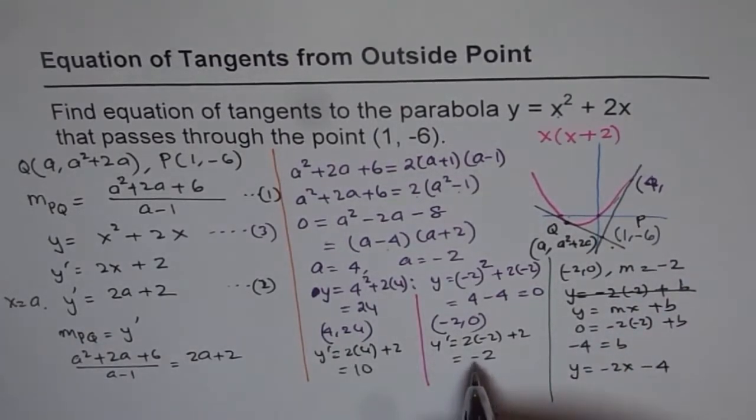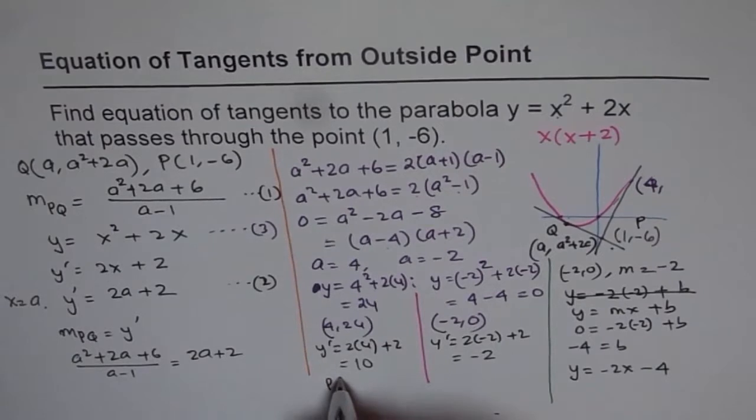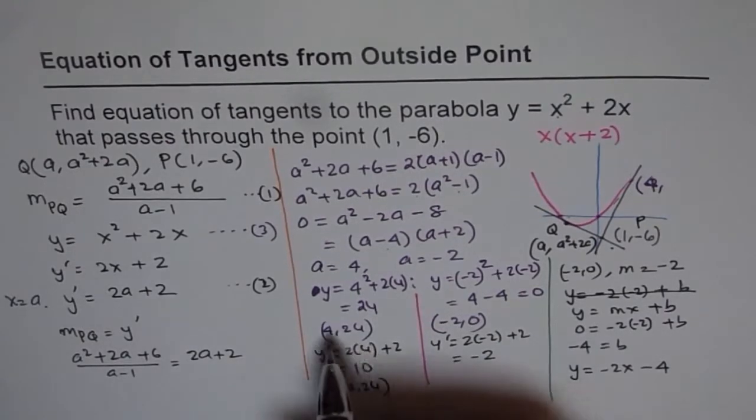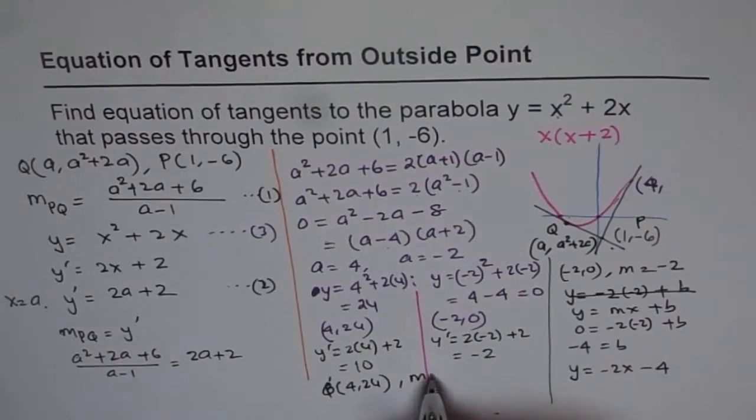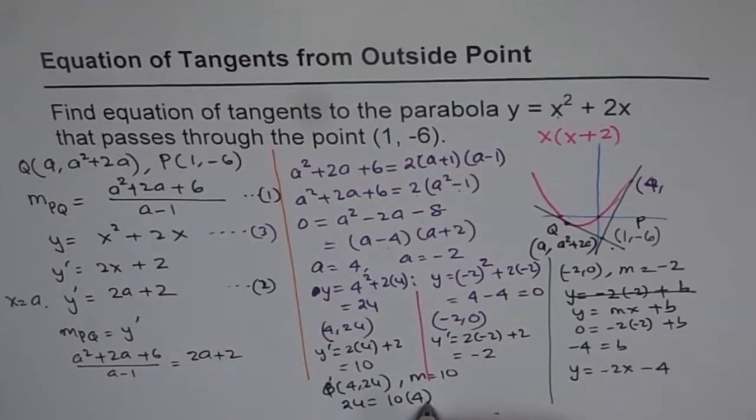And for the first line, the equation should be, so we have here the point with x = 4, right? So the point is, let's write Q dash, (4, 24). And the slope is m = 10. So if I write y = mx + b, I get 24 = 10 times 4 plus b.